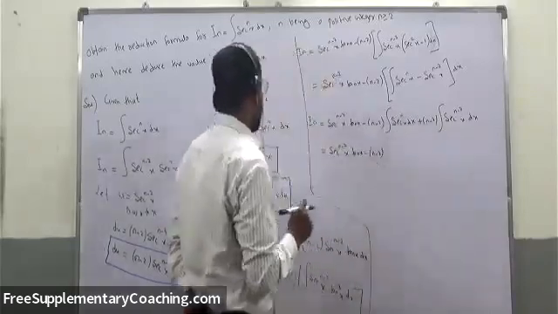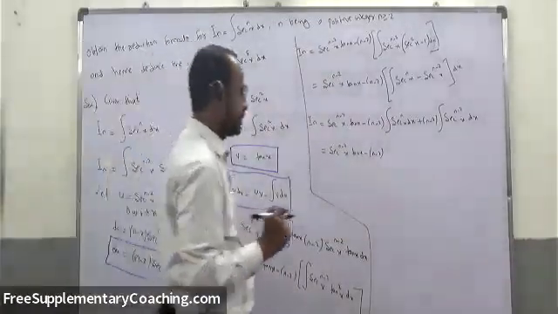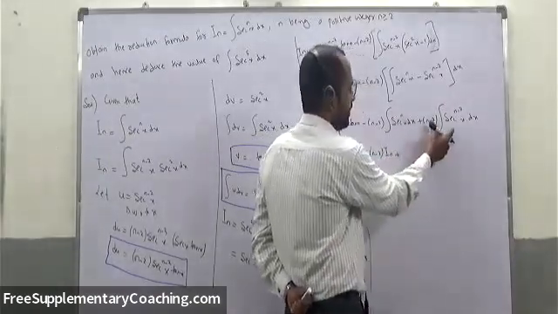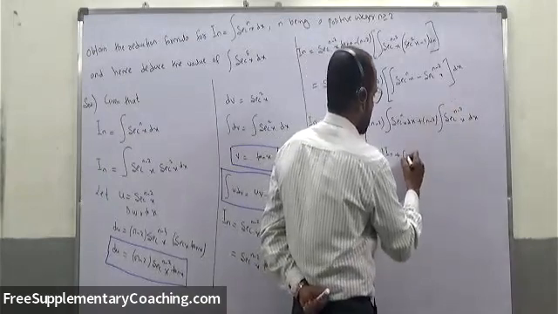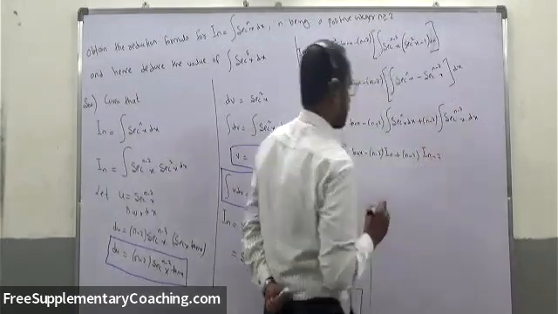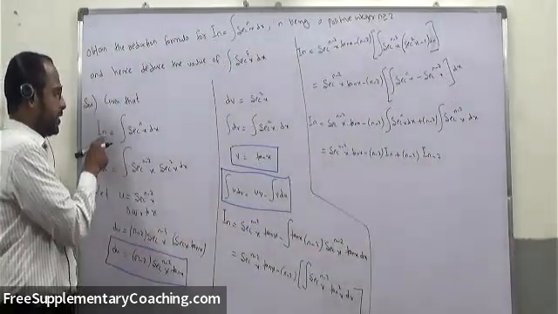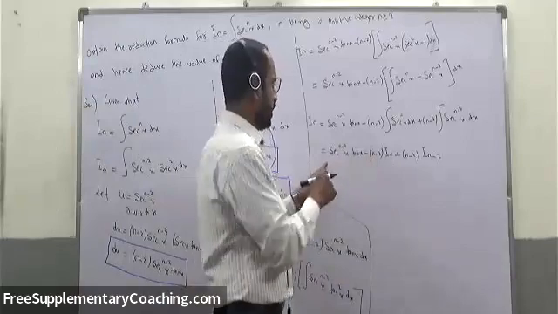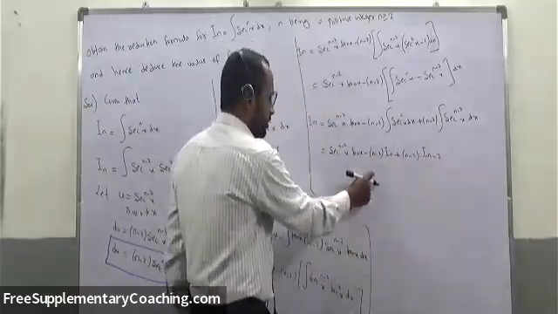I can write I_n, like previous only, plus this particular term, I can write as n minus 2 I_n minus 2. Okay. If here is n, here is n. Here is n minus 2, here also n minus 2. So according to that, I have written here n minus 2, I_n minus 2. Okay. Now bring this term to this side.